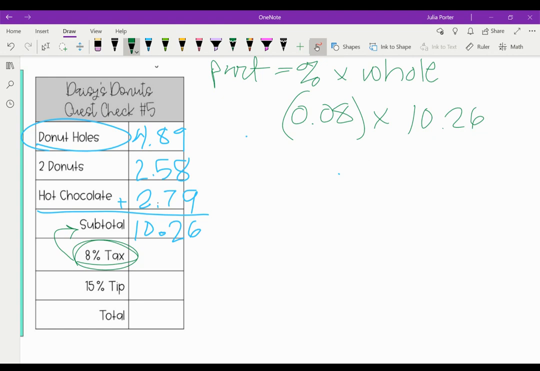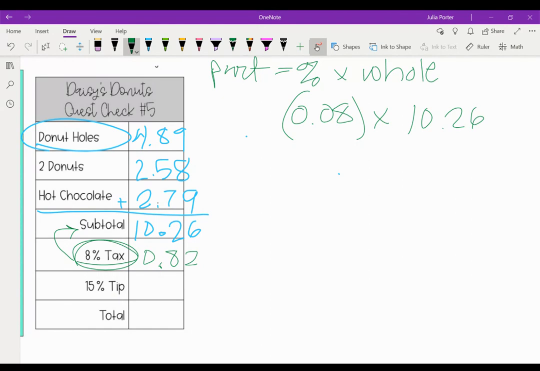I got my 10.26 times my 0.08, and that equals 0.8208. Actually, we're going to round it to the hundredths place value because we're talking about money. So it'd just be 0.82.